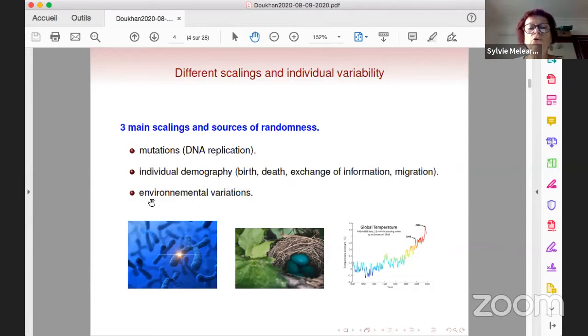And you have environmental variations. So you have essentially three main scales, time scales and size scales here, and each level can be random. So here we will include in our model birth and death of individuals, since we consider population dynamics, mutations, and we will also include some environmental change.